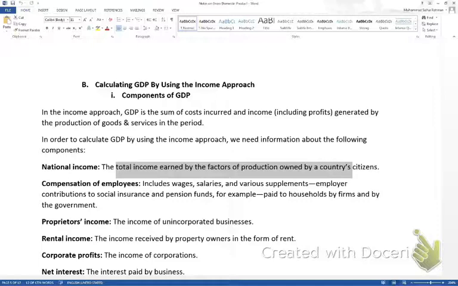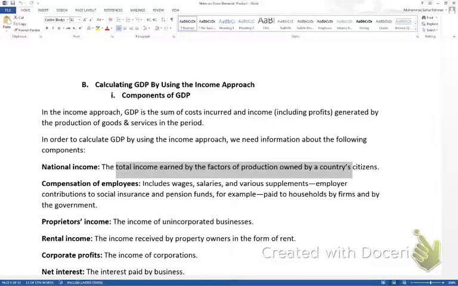So you could be an American citizen living in Germany, setting up an ice cream store, and the income that you earn is somehow part of the national income. But you can understand that based on the definition of GDP, that income earned by an American citizen living outside USA cannot be part of the GDP calculation. So we need to find a way to adjust or extract GDP information from that national income.